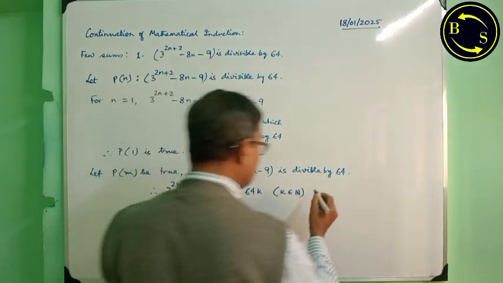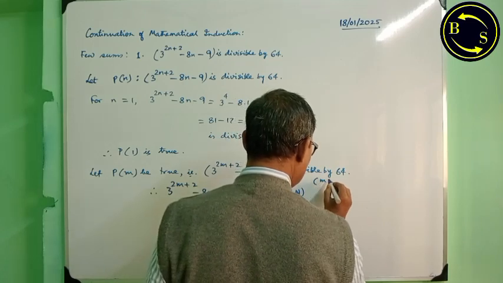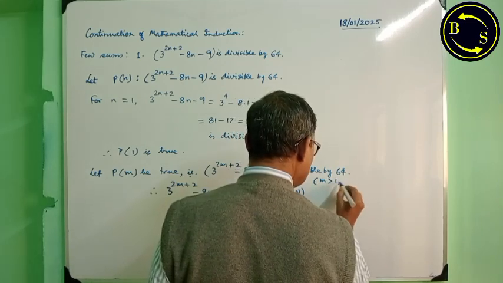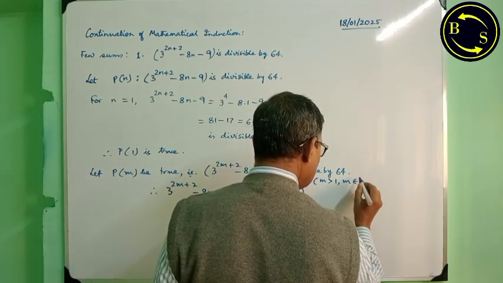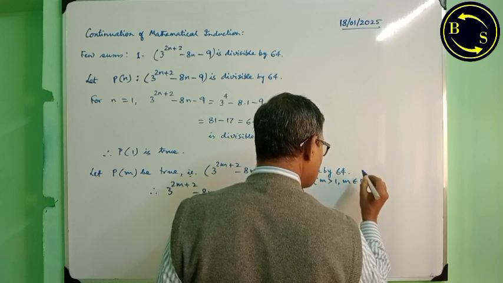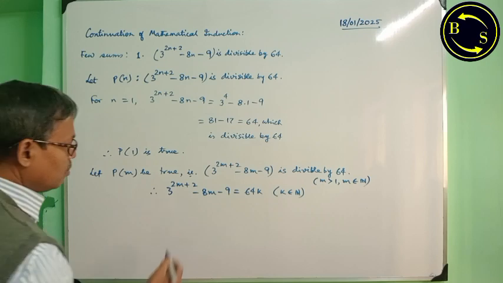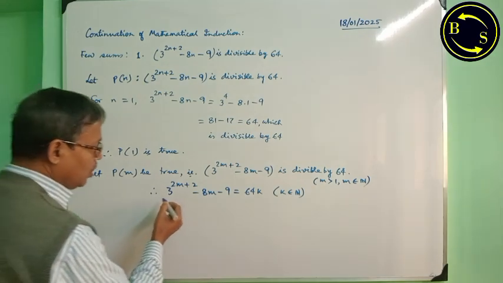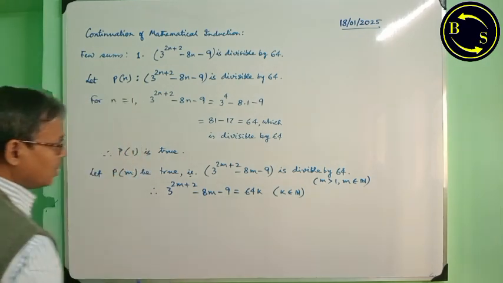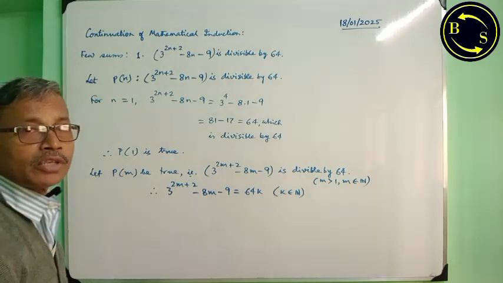And here we mention n greater than 1, n is natural number. Now, taking this, we shall show Pm plus 1 is true.